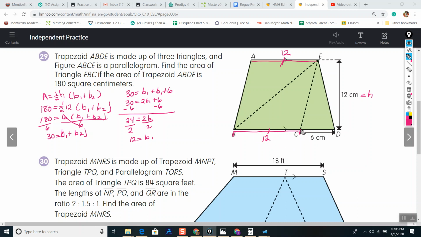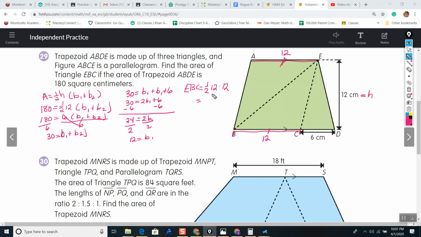So now we have the base and the height of the triangle, which they wanted us to find the area for, triangle EBC. So the area of EBC is equal to 1/2 of the base of 12 and the height of 12.